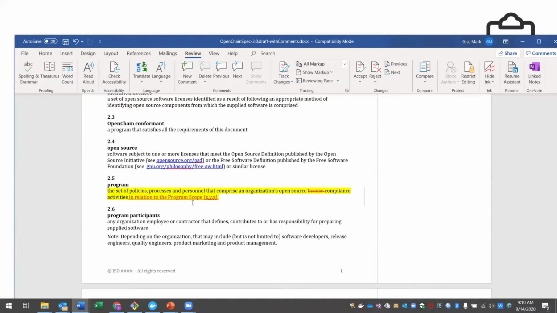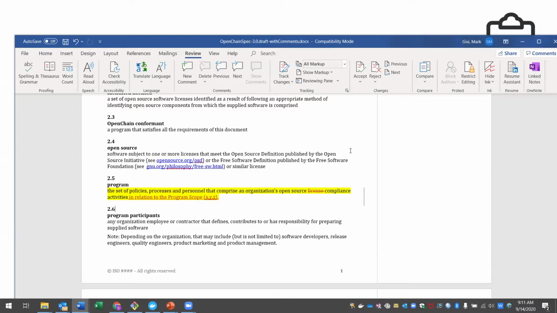It makes reference to someone having a program, and that program is defined by the scope in whatever section this will end up being. This section is the actual scope section, which we're going to discuss next, and which was also discussed in the last 2 meetings about possibly moving it. I think there's general agreement that makes sense, so we don't know the exact location yet.